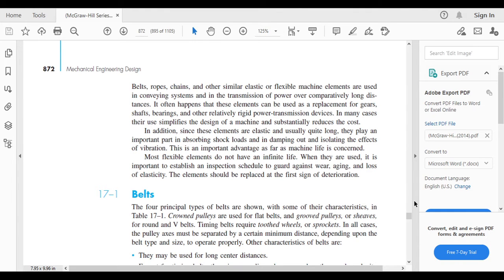In addition, since these elements are elastic and basically quite long, they play an important role in absorbing shock load and damping out and isolating the effect of vibration. This is an important advantage as far as machine life is concerned. So when we are talking about belting, there is another element we should consider, which is absorption of vibration.